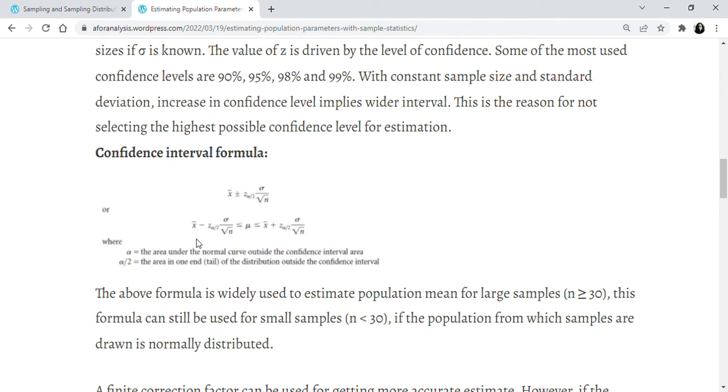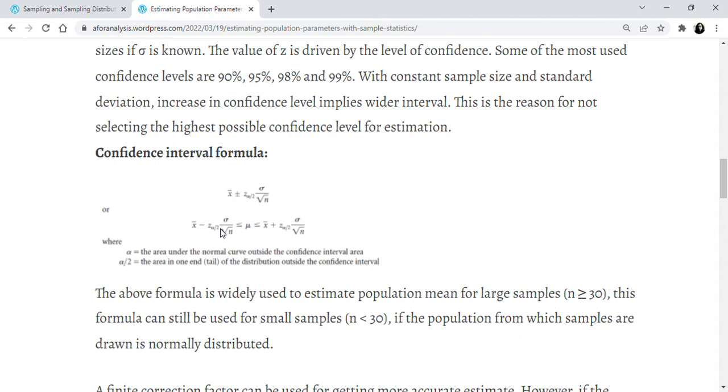On the lower limit it has x bar minus z into sigma by root over n, and on the upper limit it has x bar plus z into sigma by root over n. How to calculate this z value is already explained in a different video.